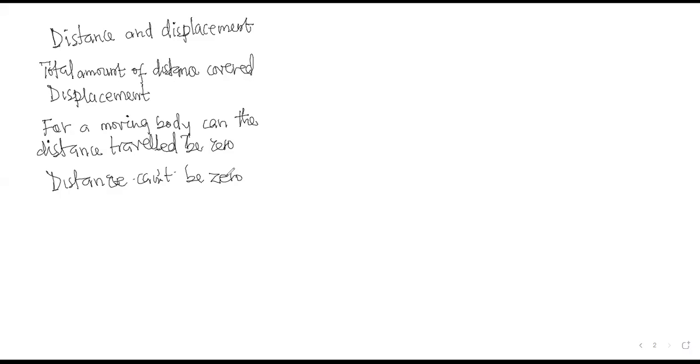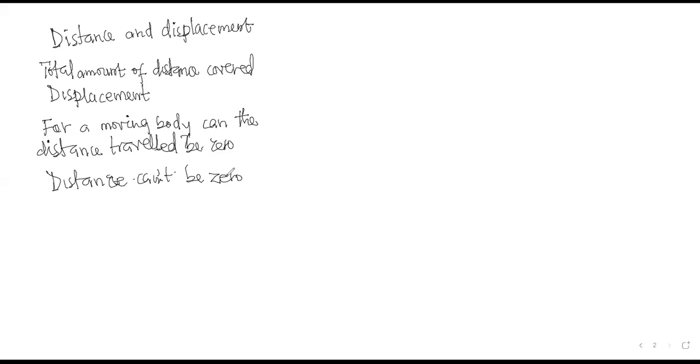Displacement will only be zero if the body is not moving in a specific direction. Let's say it's moving in a zigzag motion, it's not moving in any specific direction, but it has covered a particular distance. You can say the displacement is zero.